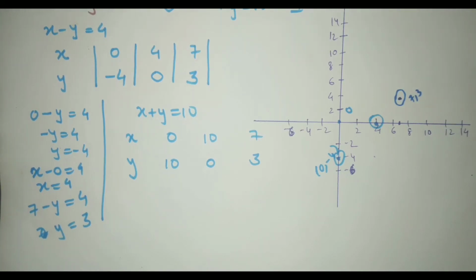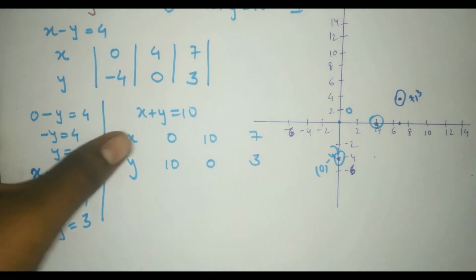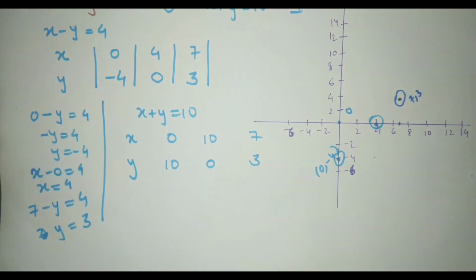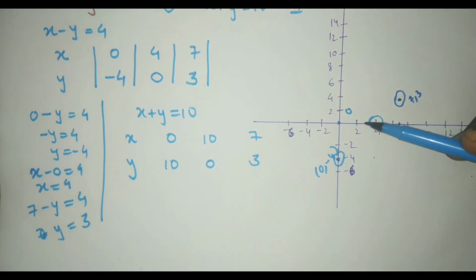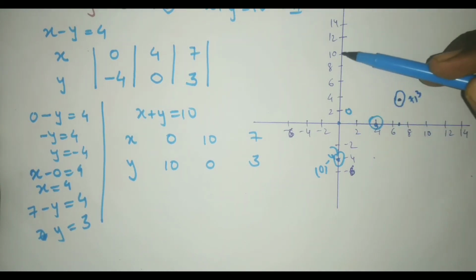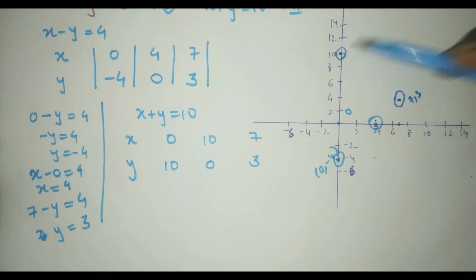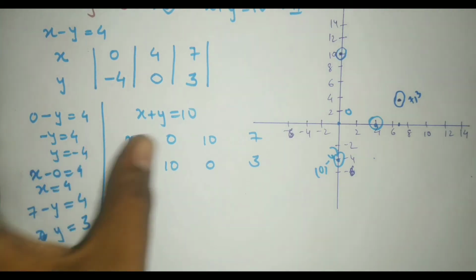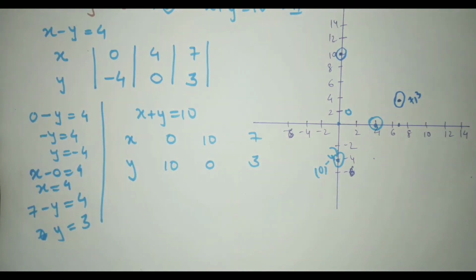Now moving on to the next equation's coordinate points. First one is 0 comma 10. So you have to plot 0 comma 10. 0 here, comma 10 on the y axis, so somewhere here, fine. Now 10 comma 0, 10 on the x axis, so here, comma 0 means here only, fine.